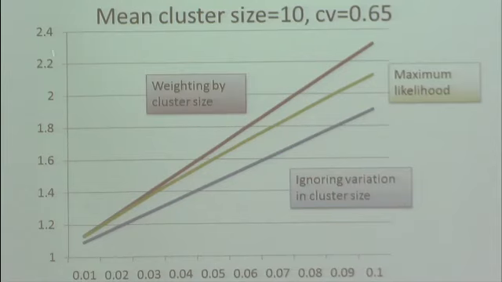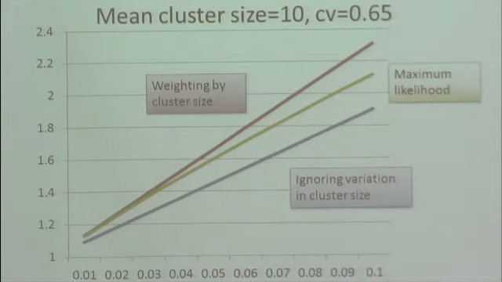So if you look up the side here, you can see the design effects, and this is for a mean cluster size of 10 and a coefficient of variation of 0.65, because that's frequently the coefficient of variation that we find in these trials. So weighting by cluster size, that's the red line. If you use the approximate formula, which is based on using a more efficient analysis, your design effect is along the green line, and ignoring the variation in cluster size, you get this design effect here.